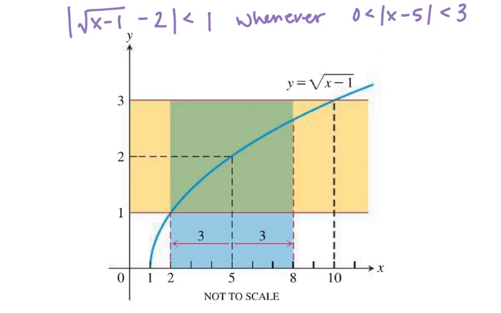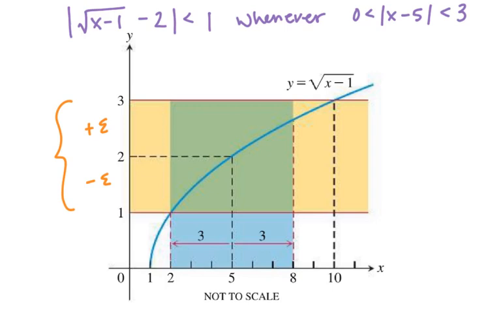So here I have the graph of my function, my square root shifted right 1 unit. Because the function is defined at x equals 5, my y value equals 2. So the limit of the function as x approaches 5 from either side is going to equal 2. We said the output had to be within 1 unit of 2, so I've got plus epsilon and minus epsilon, plus 1, minus 1, so as long as my output is between 1 and 3.